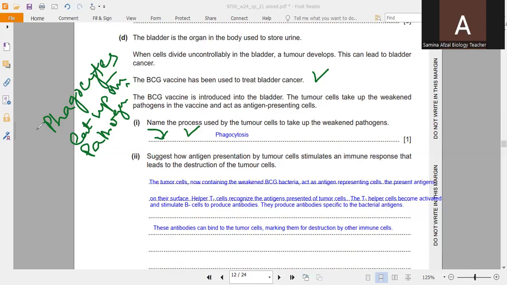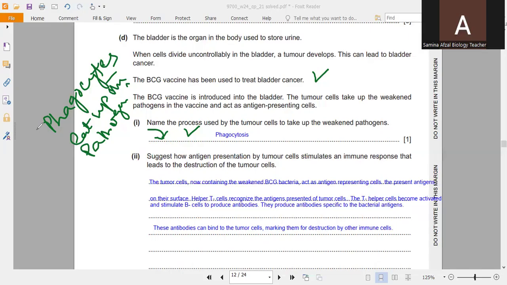Then the tumor cells, now containing the weakened BCG bacteria, act as antigen-presenting cells. They present antigens on their surface along with other molecules, and the activation of T helper cells takes place. These T helper cells become activated and stimulate B cells to produce antibodies. They also activate cytotoxic T cells.